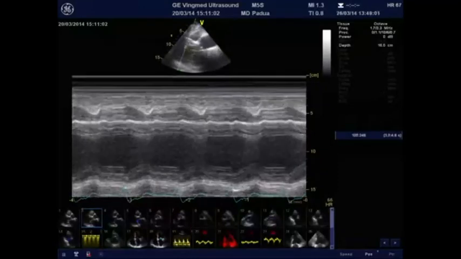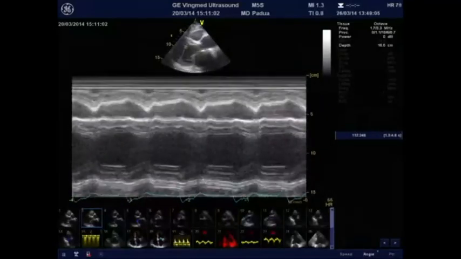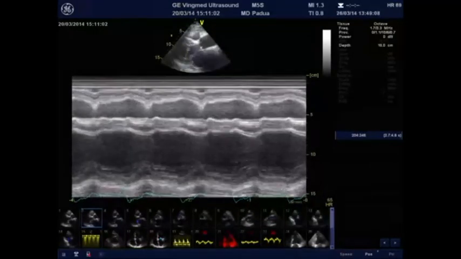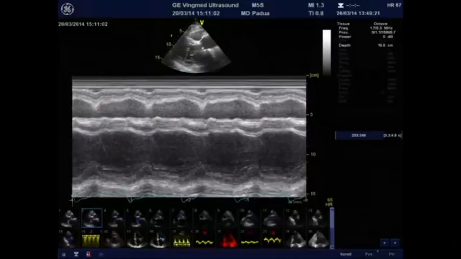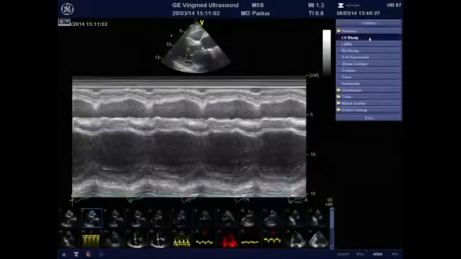The anatomical M mode allows you to redirect both the direction and the position of the M mode beam on 2D images that have already been acquired, and then when you are ready and well aligned, you can just stop your movie and you can start the measurement.